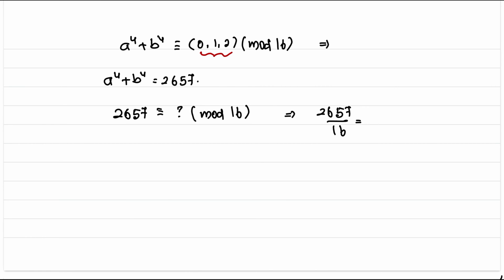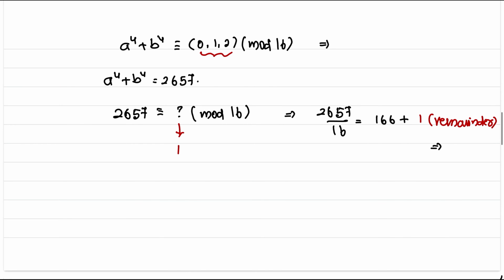2657 divided by 16 is equal to 166 plus 1 as a remainder. Please see, then what is the value of this? This is 1.